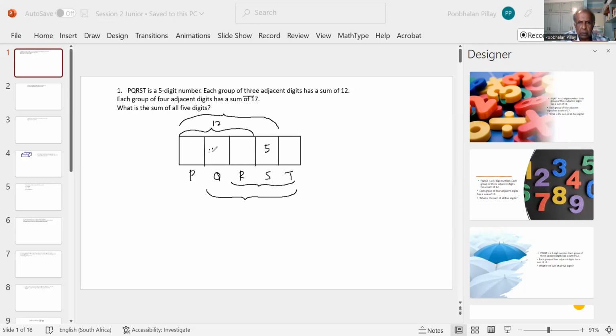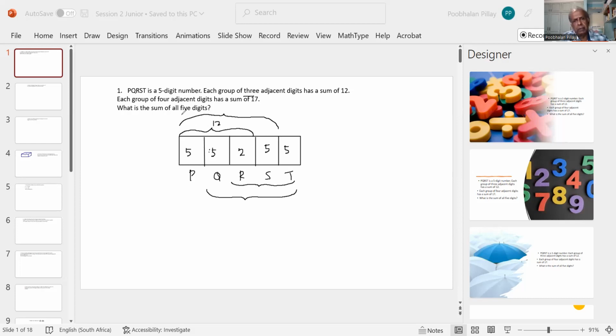So this will also be 5. Now, since the sum of 3 digits is 12, and you already have 5 and 5 here, this has to be 2. And here you got 5 plus 2 is 7, so this has to be 5 to make 12. And likewise, this is 12.